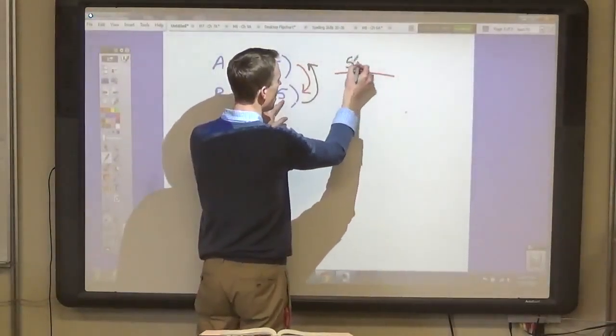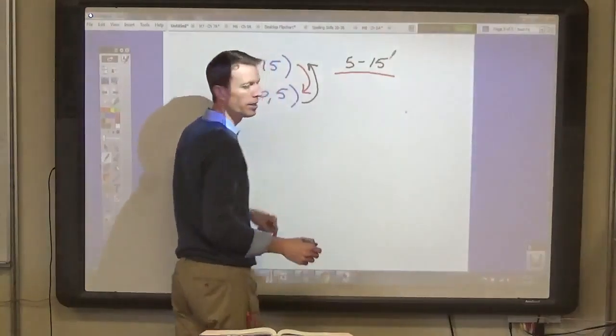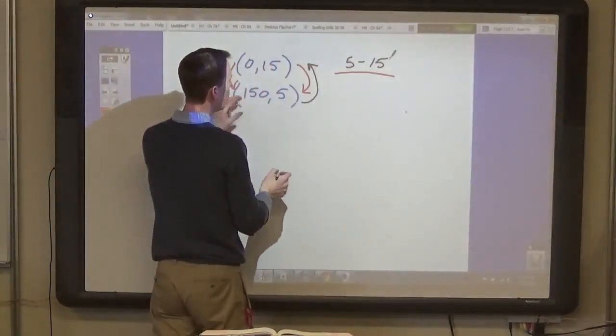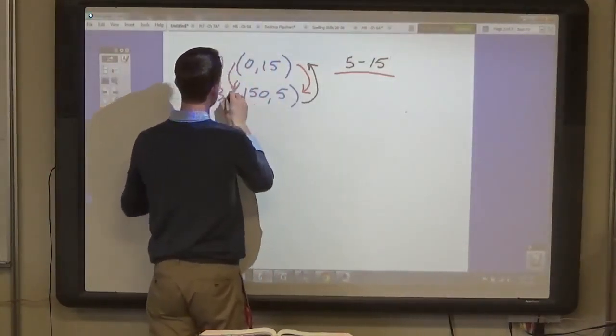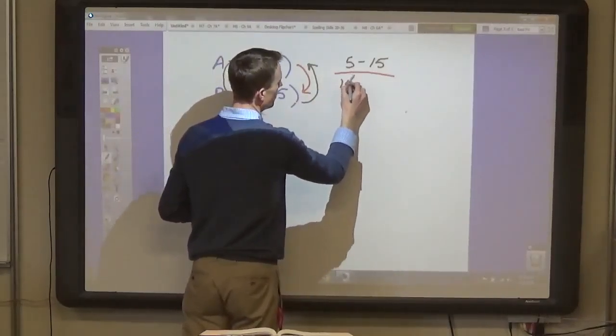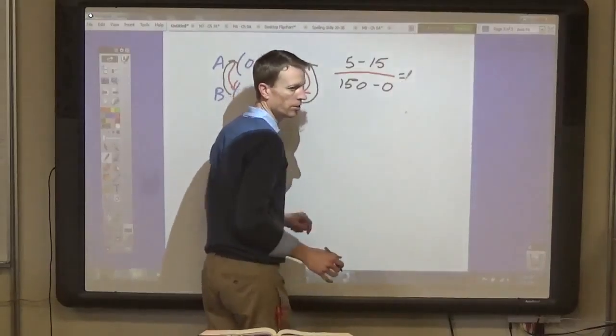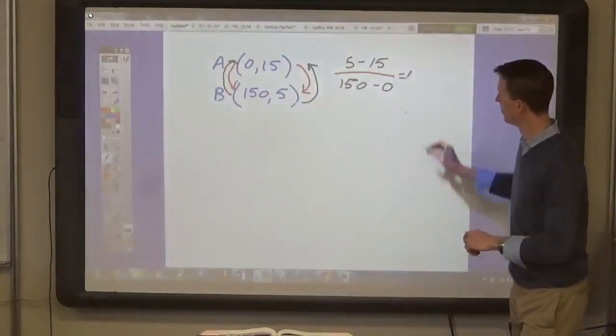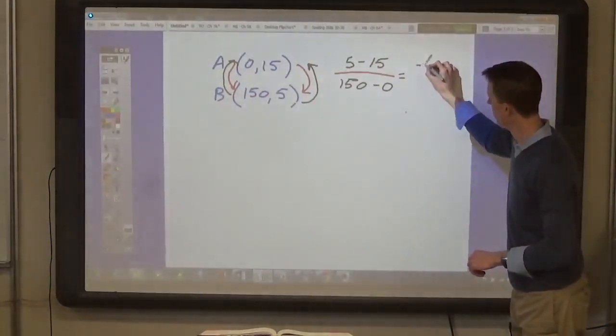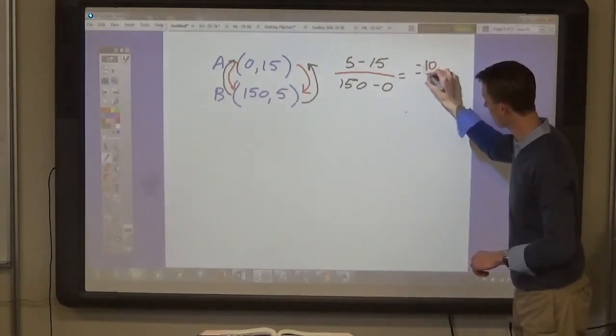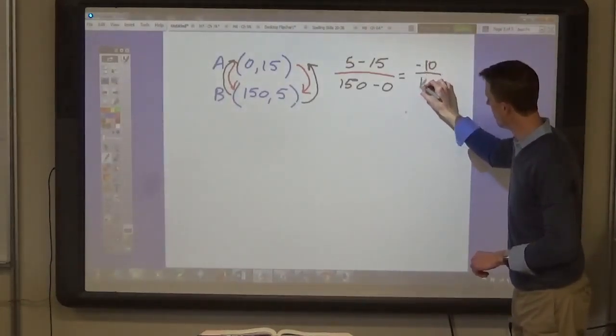So if we start with 5 minus 15 over 150 minus 0. 150 minus 0, that equals positive 150. The top is negative 10 over positive 150.